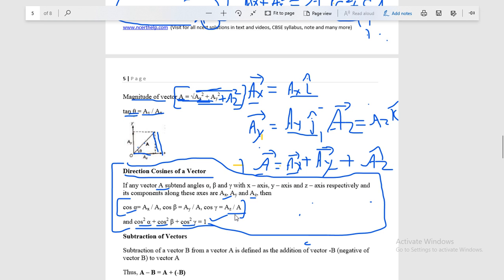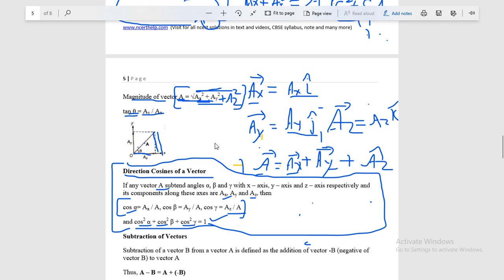So keep practicing the numerical problems based on the topics taught in different classes. And I hope you understand today's topic, that is vector resolution and direction cosines of a vector.